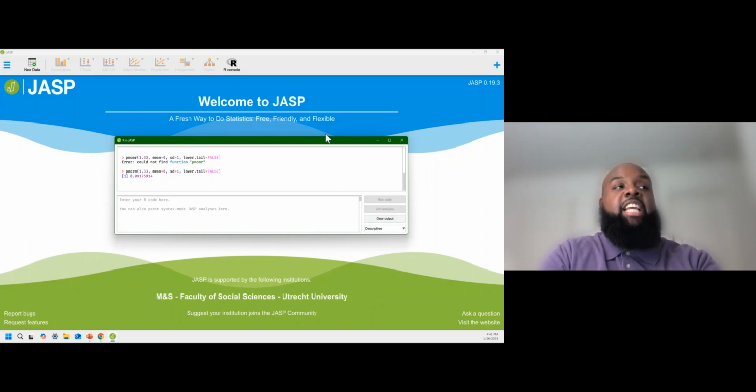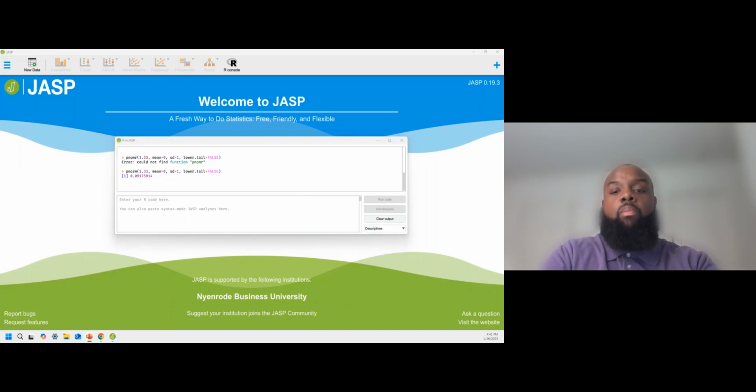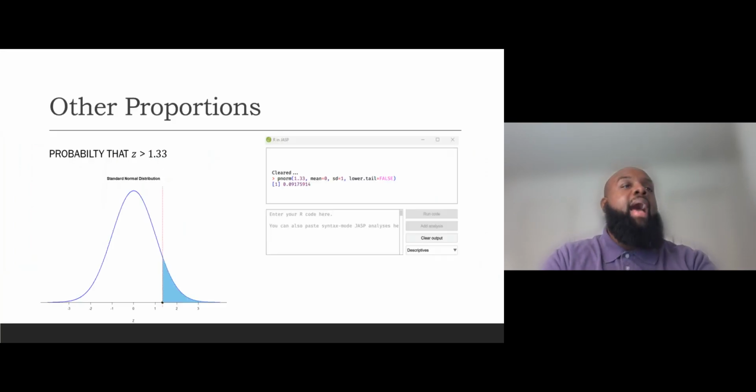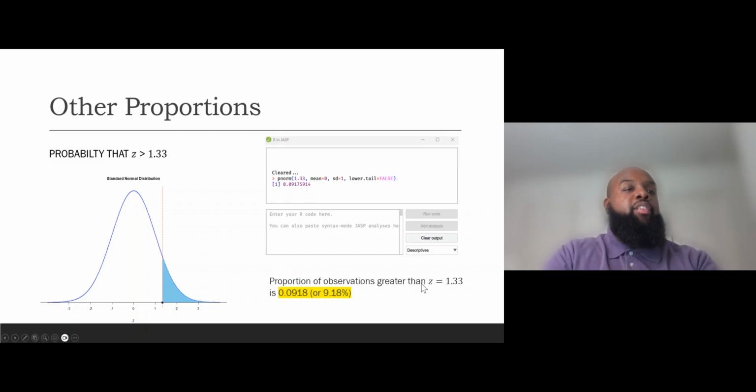Notice I changed this to lower.tail equals false, so it wouldn't give me the area below, but it gave me the area above, right? And so if I go back, I can say that the proportion of observations that are greater than z equals 1.33 is 0.0918 or 9.18%. That 0.0918 is the probability that z is greater than 1.33.